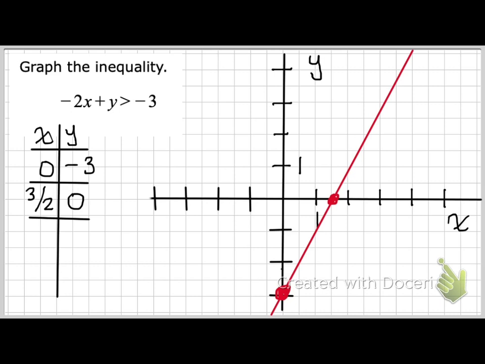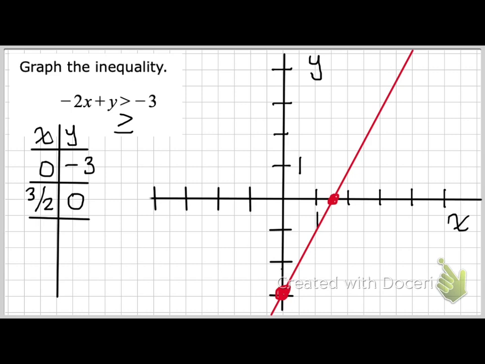Now, one thing to consider is that this is a greater than, and you should recall that we could also have greater than or equal to. So I could have an equal sign there. If the equal sign is there, I would leave that edge solid.